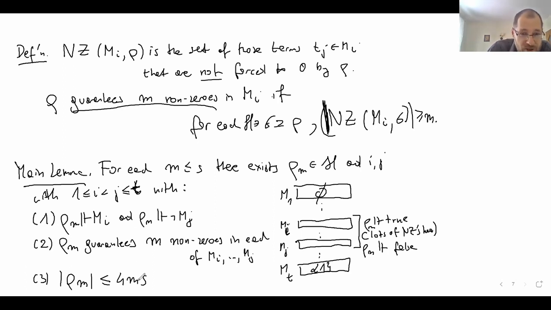Well, M is 0, so rho 0 has to have domain size 0, so it's empty. So rho 0 is simply the empty assignment, and the empty assignment makes the first configuration forced to true and the last one forced to false, because these are trivially forced to true and false respectively.